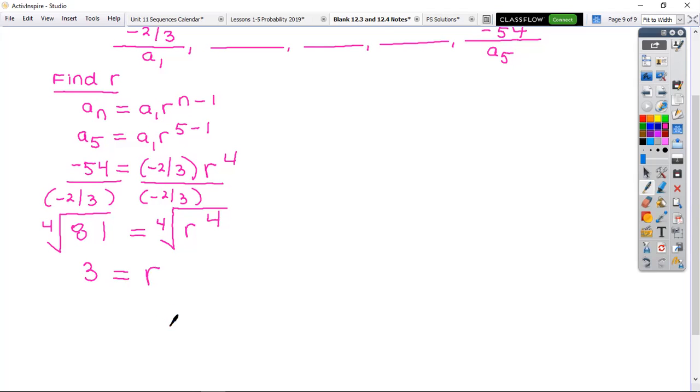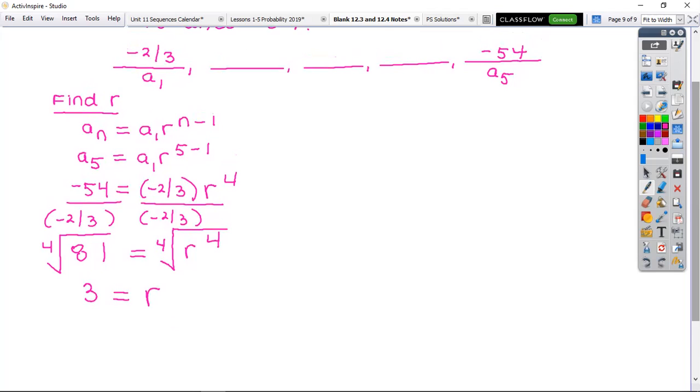Okay, so then you finish this. I am going to do a sub 2 is equal to 3 times -2/3. That's nice, those just cancel. So this is -2. All right, next term is the 3rd term.